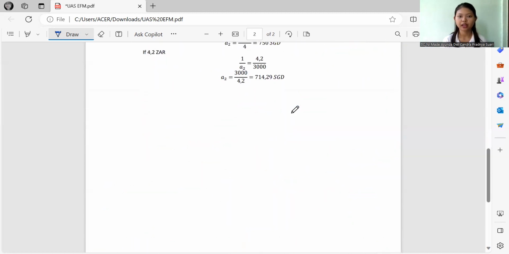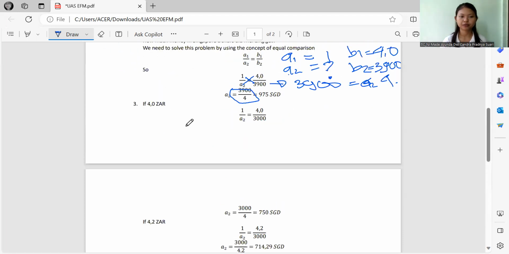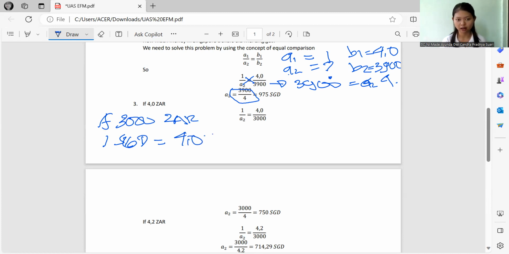So, if I have 3,000 ZAR and I want to change ZAR to Singapore dollars, or SGD, and 1 SGD is 4.0 ZAR, how much money will I get in SGD? Okay, I will solve this problem.